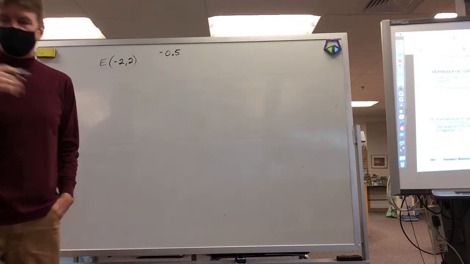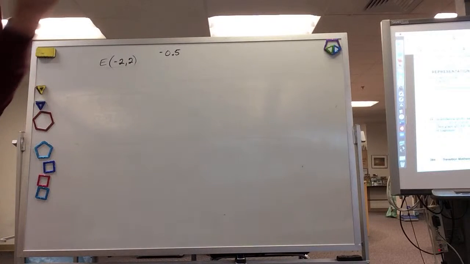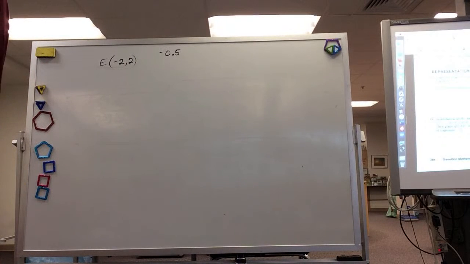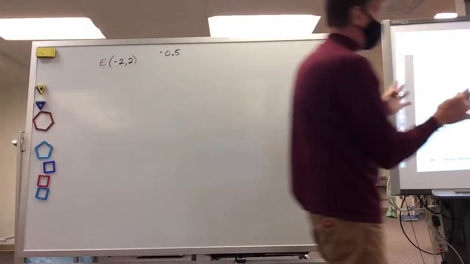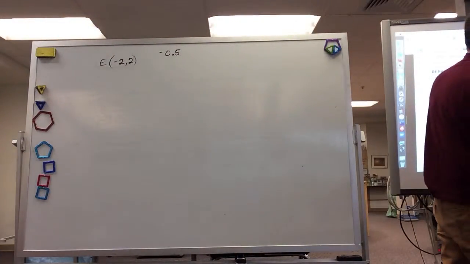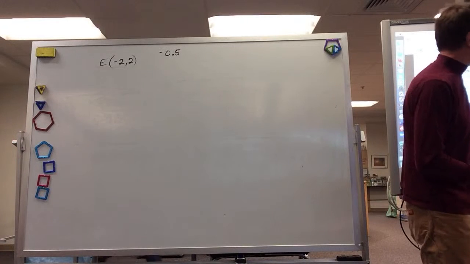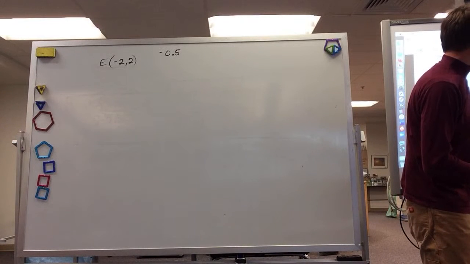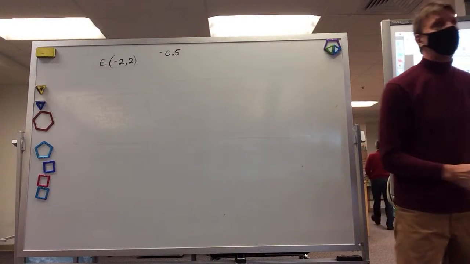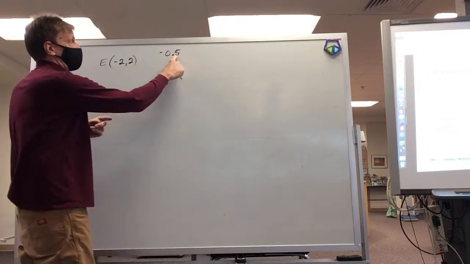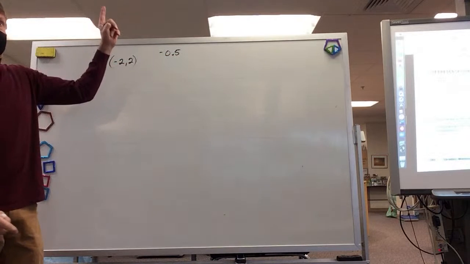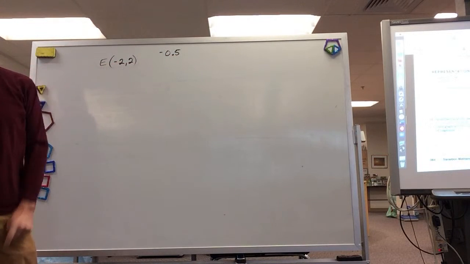You may recall when we did other size changes, to make something larger, we would multiply both the x and the y by the same number. What that will do is change how far away from the origin everything is. So in this case, instead of being twice as high up, it's going to be half as high up, but in the opposite direction.